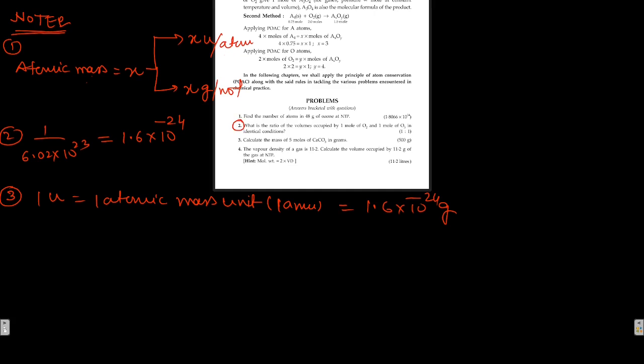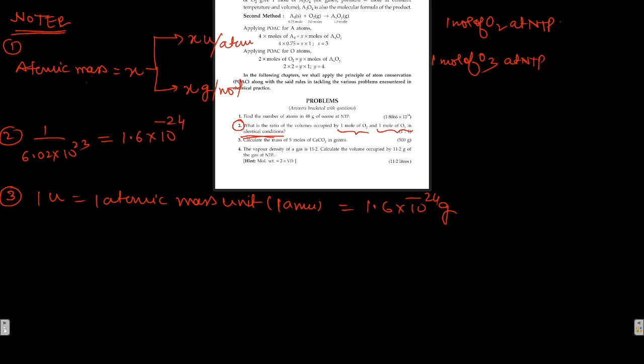Now we have to solve the second question. What will be the ratio of volume occupied by 1 mole of O2 and 1 mole of O3? Here, 1 mole of O2 is given and 1 mole of O3 is given, under identical conditions. Suppose it is at NTP and it is also at NTP.